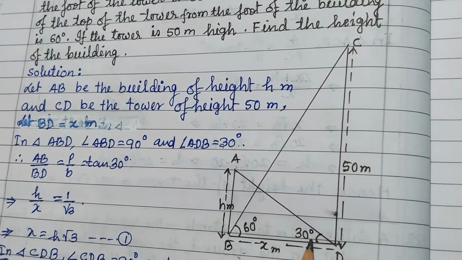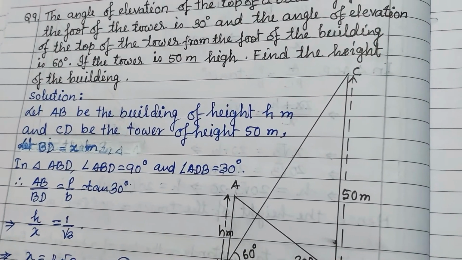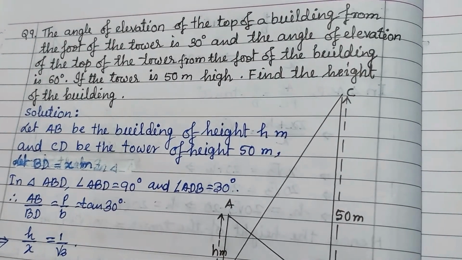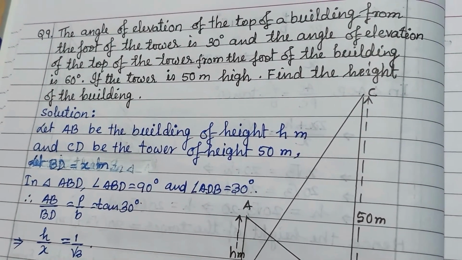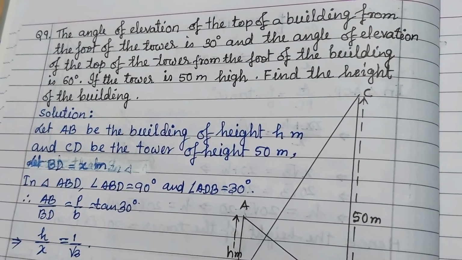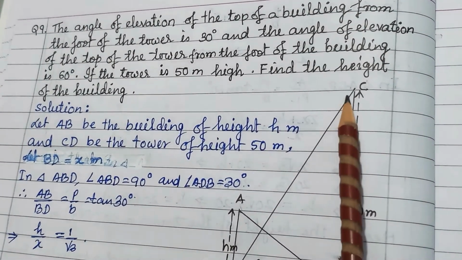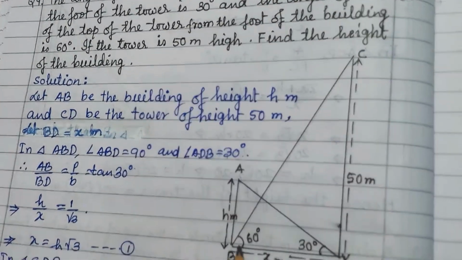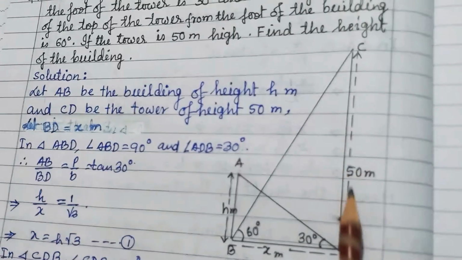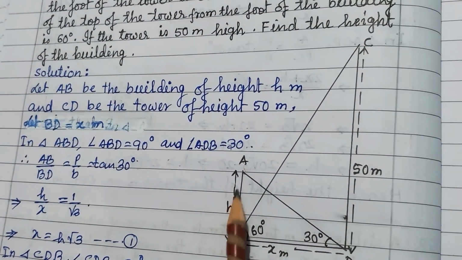And the angle of elevation of the top of the tower from the foot of the building is 60 degree. If the tower is 50 meter high, find the height of the building.